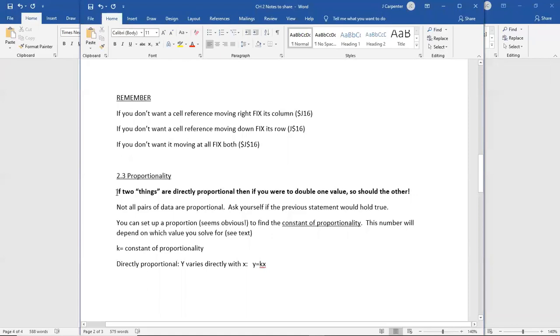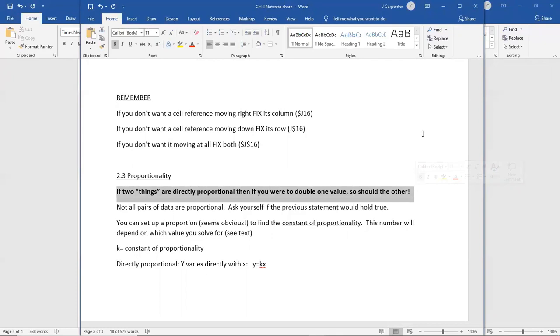So I've already kind of spoiled this bolded note several times in the past, and that's that if two things are proportional, which really means directly proportional, it's kind of an extra word you're supposed to throw in there, but most people don't. Kind of like if I say it's 70 degrees outside right now, what I'm really saying is it's 70 degrees Fahrenheit.